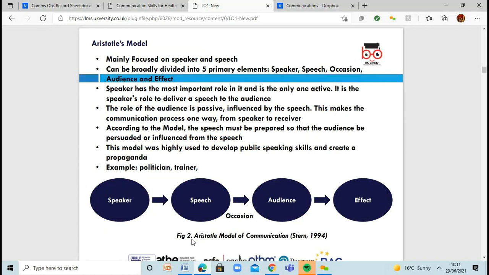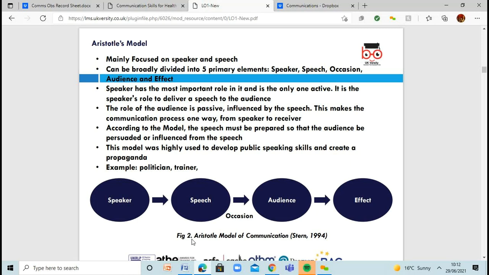So Aristotle was an old Greek philosopher, very early days, around about the Caesar times. Aristotle focused on five elements, and he focused on speech and the speaker. He thought that the speaker, the speech, the occasion, the audience, and the effect are what we split communication into.